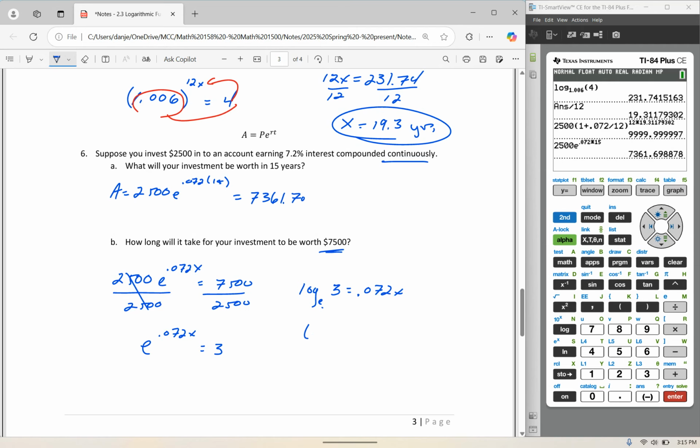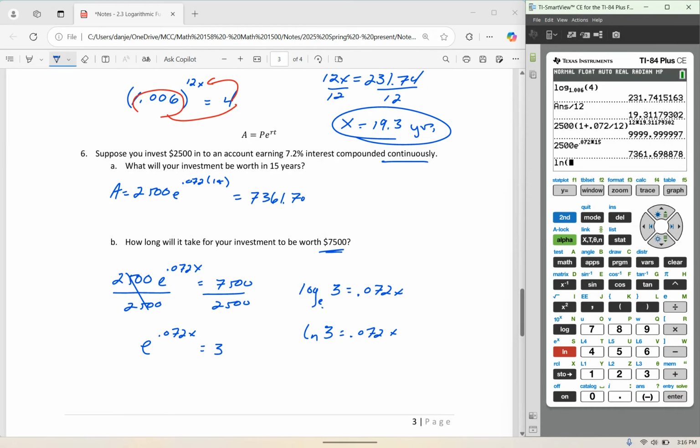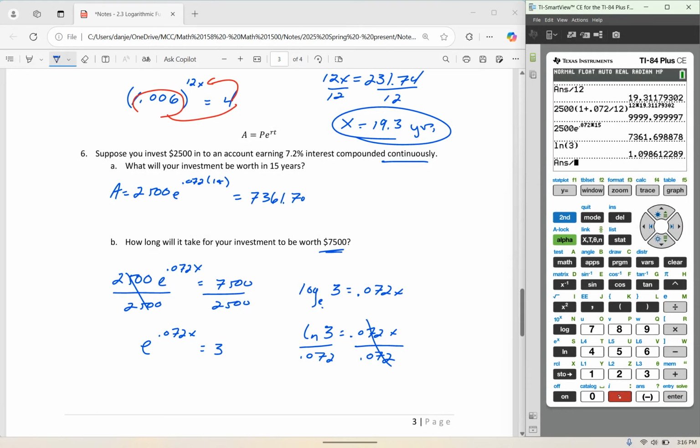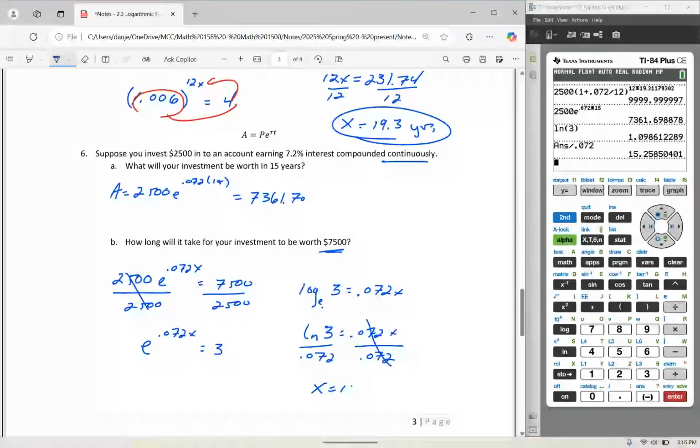Now log base e is that ln, or natural log of 3. So I've got the natural log of 3, 1.0986. But now notice, to solve for x, all I need to do is divide by 0.072, and x is 15.26 years. That's how long it will take for that investment to be worth $7,500.